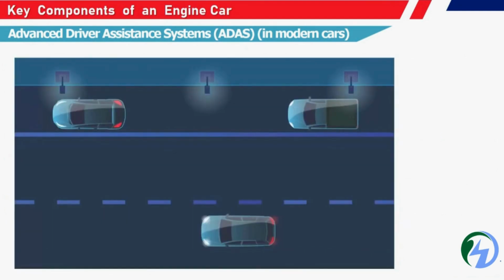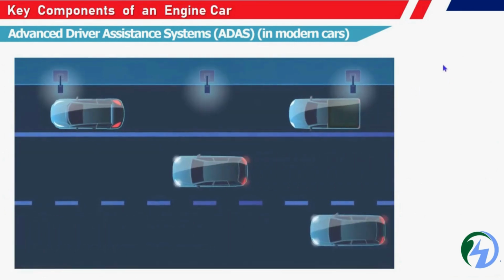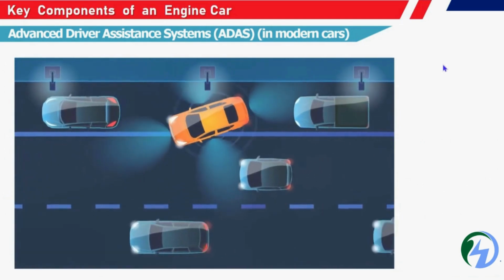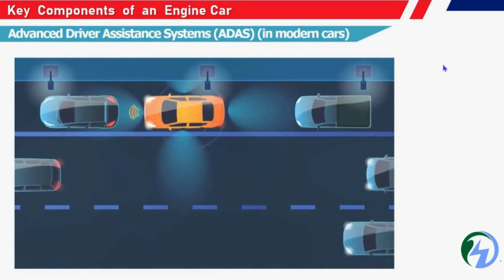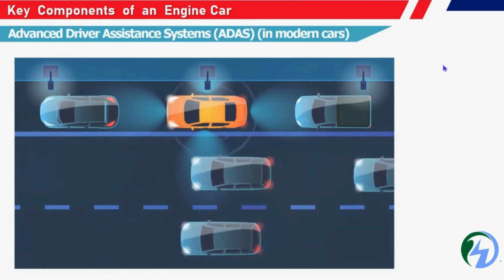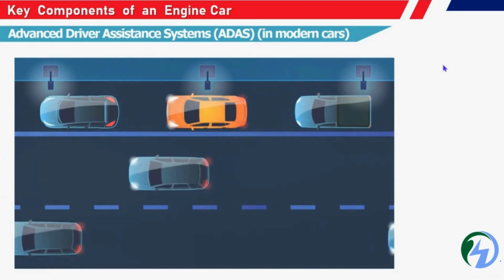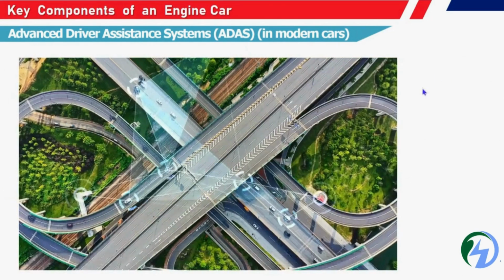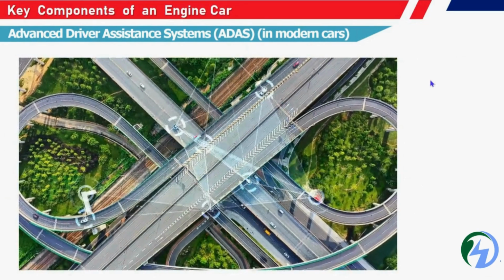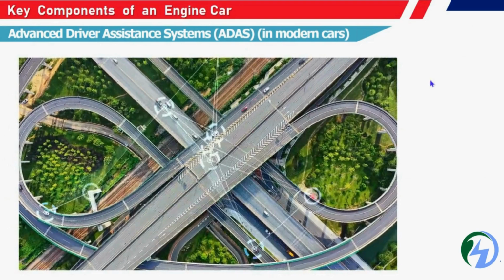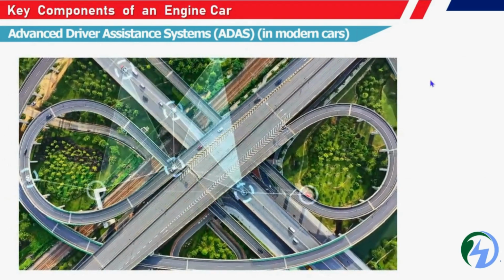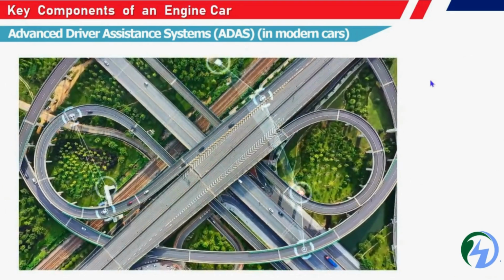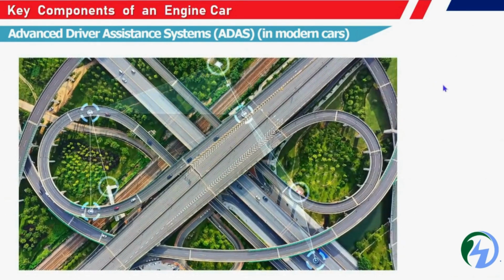Some of the ADAS features: this is advanced driver assistance, where for parking, reverse or forward, the sensors help us park the vehicle safely on busy roads, and even track the proper direction, so we can make our vehicle's journey safe, avoid harmful impact, and avoid confusion about directions.